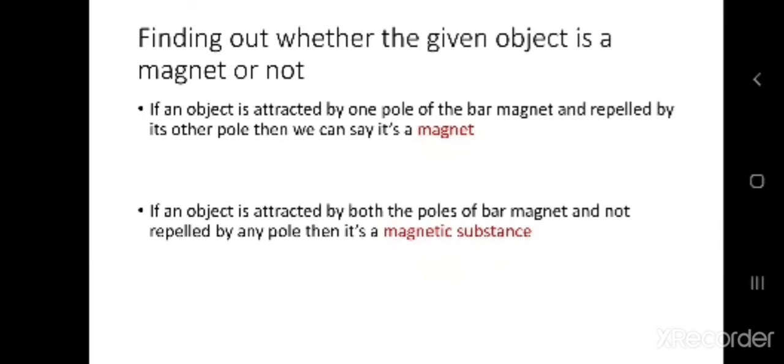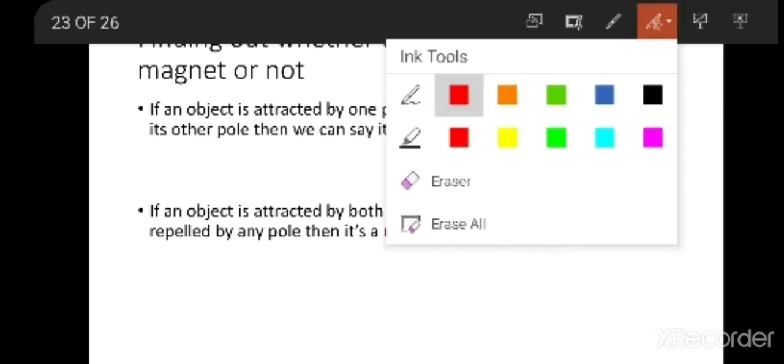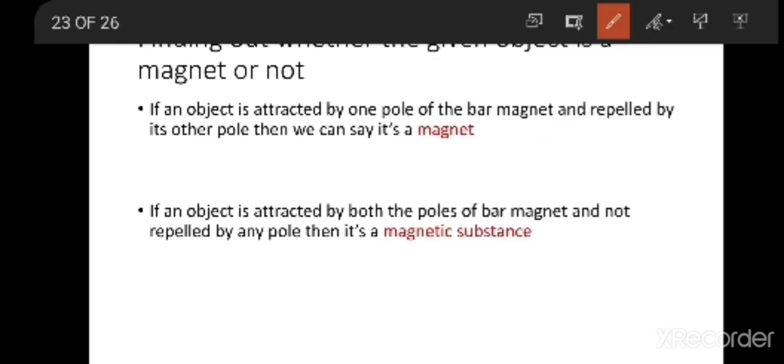In 6th class science we are going to discuss the topic: finding out whether the given object is a magnet or not. Imagine they have given you three objects, object 1, object 2, object 3, and from these three objects you want to find out which is a magnet, which is a magnetic material, or which is a non-magnetic material.